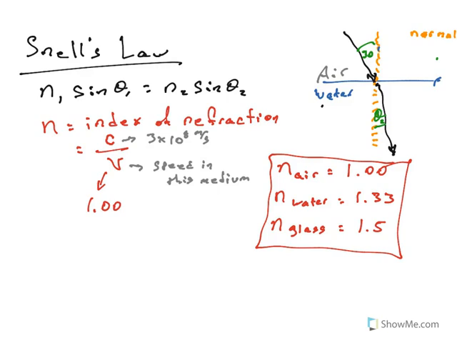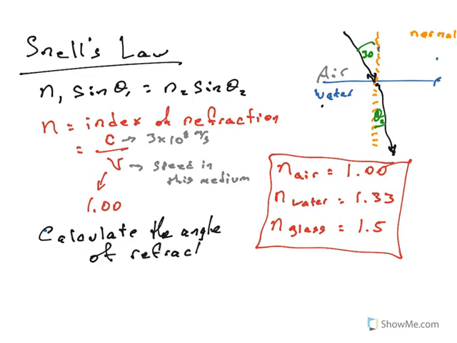So light's incident on the surface of the water at an angle of 30 degrees. Calculate the angle of refraction. It's the same as saying, what is the angle that the light travels in the water?